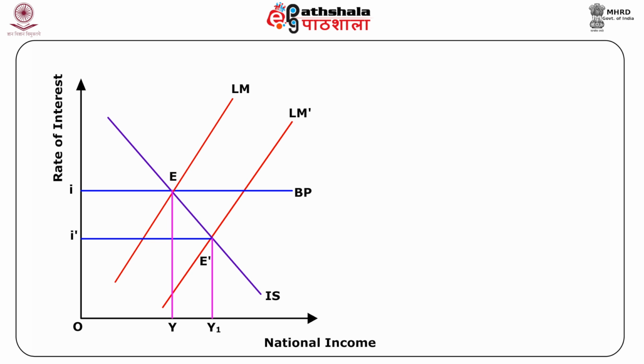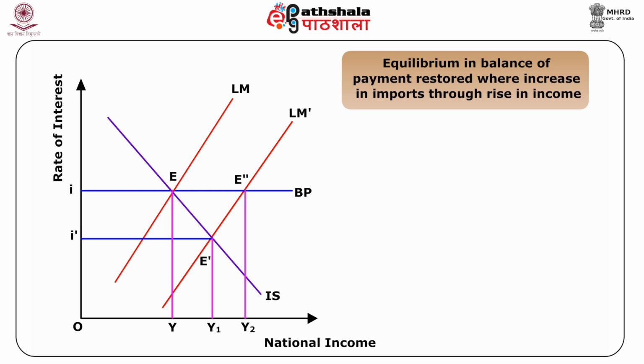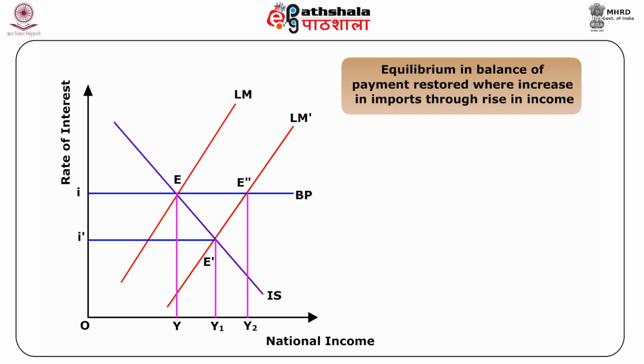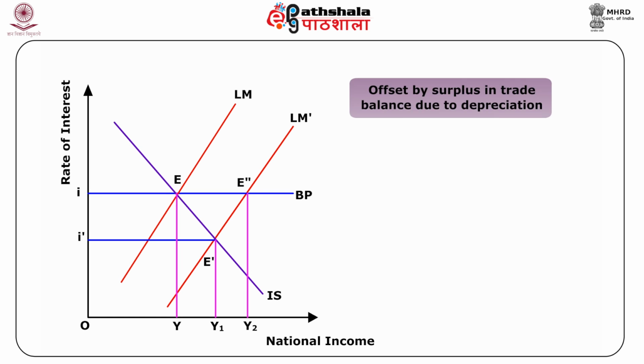This moves the economy upward along the LM dash curve till it reaches point E dash, where income rises to OY2 and the interest rate rises to the old level I. Equilibrium in the balance of payments is restored at E dash, where the increase in imports through the rise in income is offset by surplus in trade balance due to depreciation.